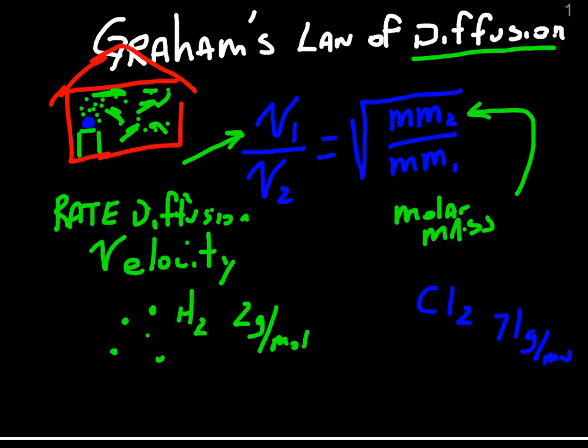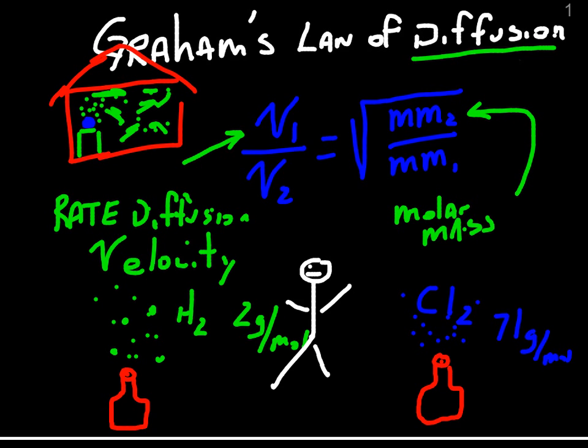So if you're at equal distance between two sources of these gases, I have this little tank here that's going to spew out hydrogen, and this other little tank here that's going to spew out chlorine. The chlorine's coming out here, and the hydrogen's coming out here, and I'm somewhere in the middle.